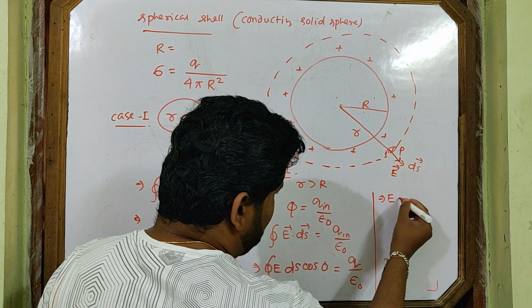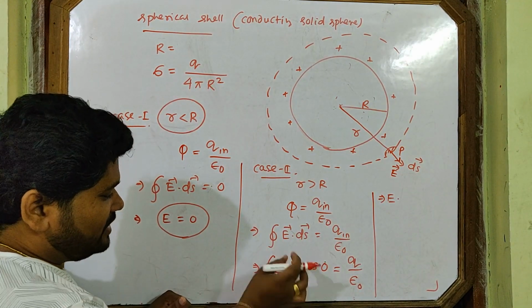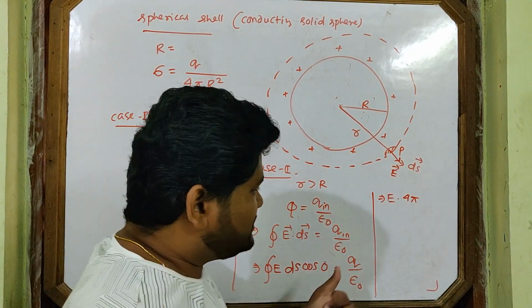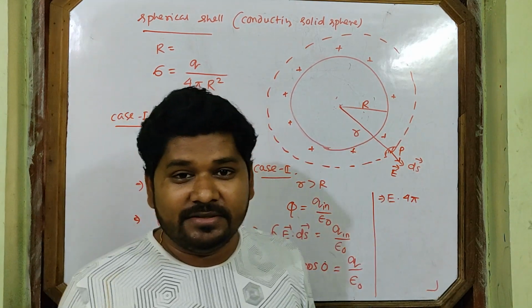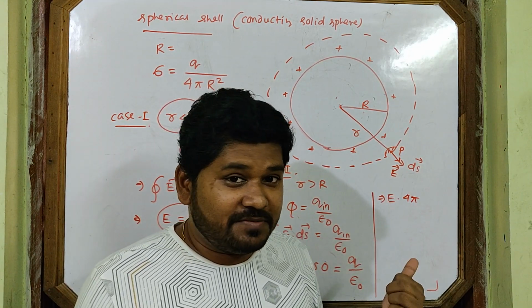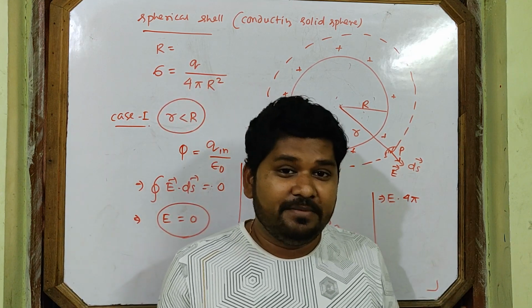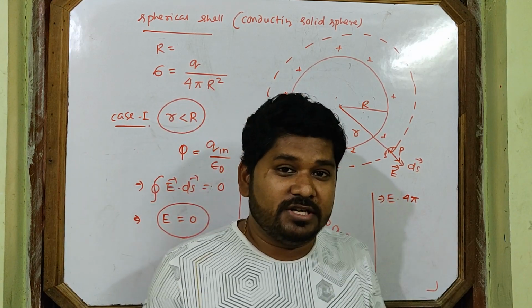Now do the integration. For the integration of ds, E is constant, so I have taken it outside. The integration of ds is 4 pi r square. But which r? Capital R square or small r square? This is the confusion of some students who never understand. This is small r square. Always remember, the integration is always done on the Gaussian surface.